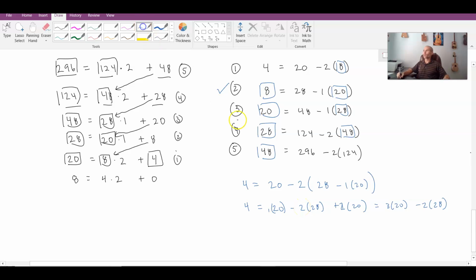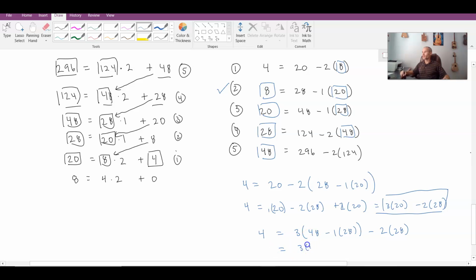Next, we're going to go ahead and replace 20 with 48 minus 1 times 28. So we have 4 equals, and then we're focusing on this reduction right over here. So 20 is equal to 48 minus 1 copy of 28. And then I have minus 2 copies of 28. So in this step, remember, we want to keep track of the 20 and the 28. So I can further reduce this.